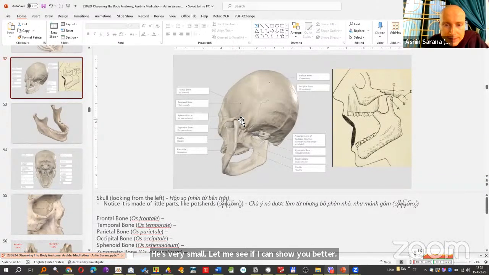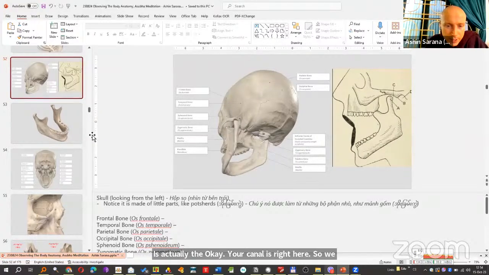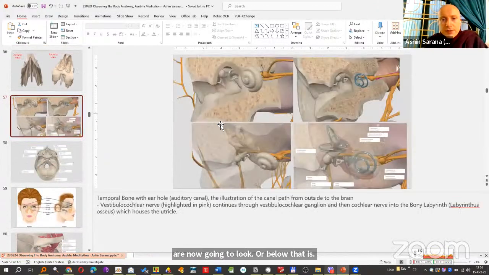You can see this tiny little hole behind the lower jaw is actually the ear canal. The ear canal is right here. So we are going to look at the ear canal separately.